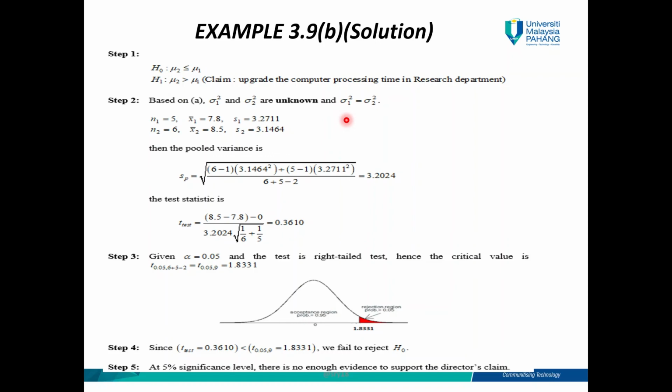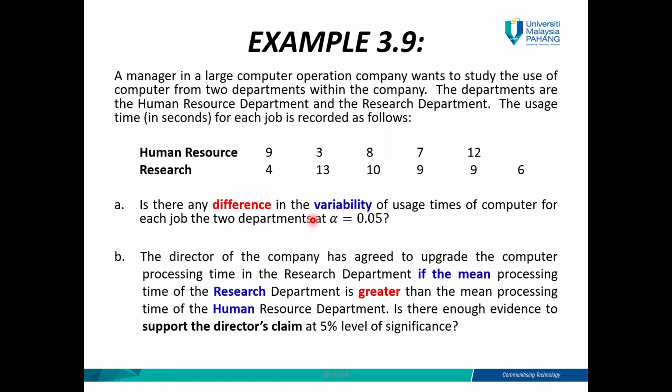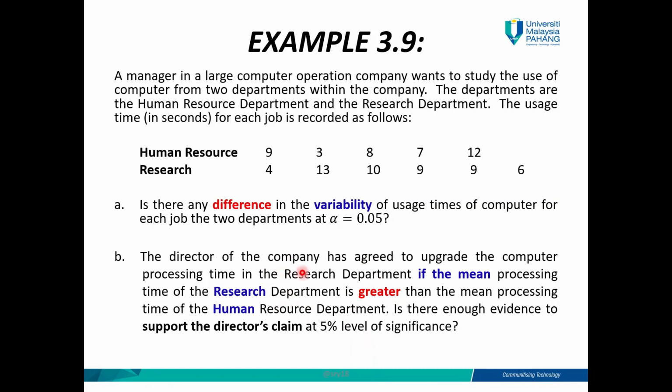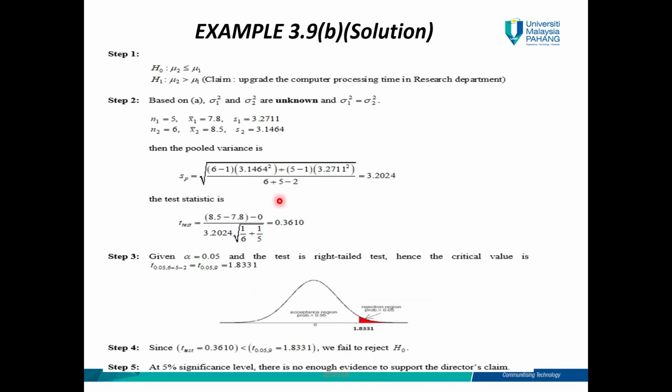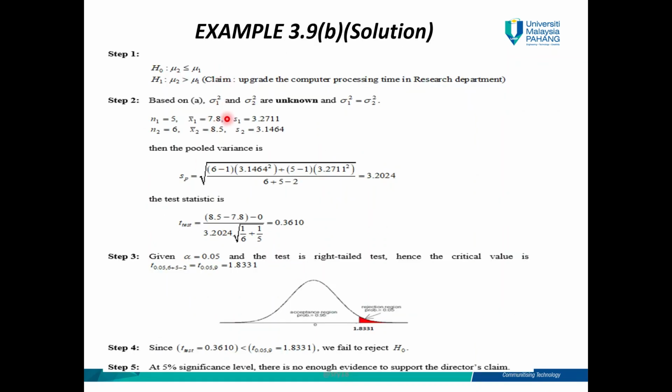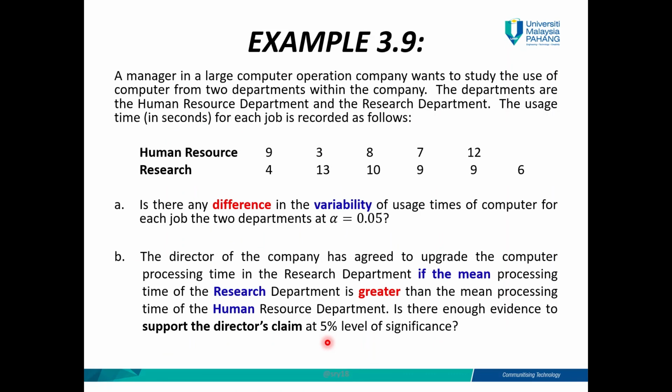Sometimes in the final exam, this is how we ask you. First we want you to find out whether the variances are different or equal, and then based on this result, you will choose the correct formula for the hypothesis testing of the difference in population means. You can look at the solutions for this independent samples hypothesis testing, and I'm sure you will be able to understand it.